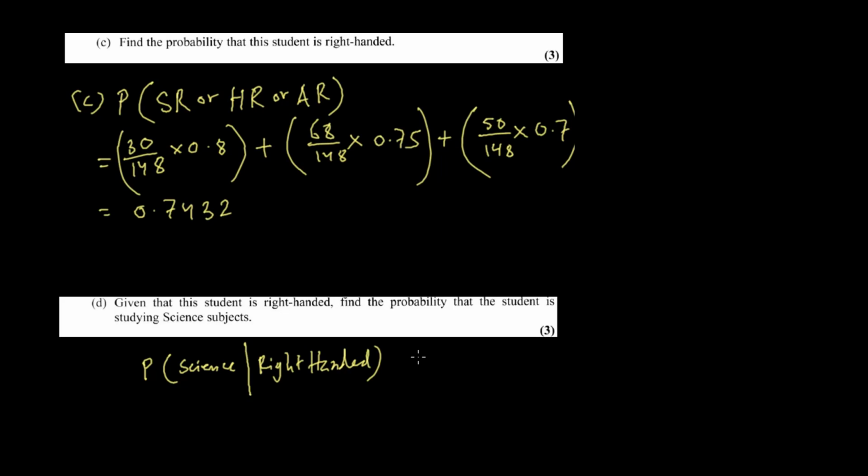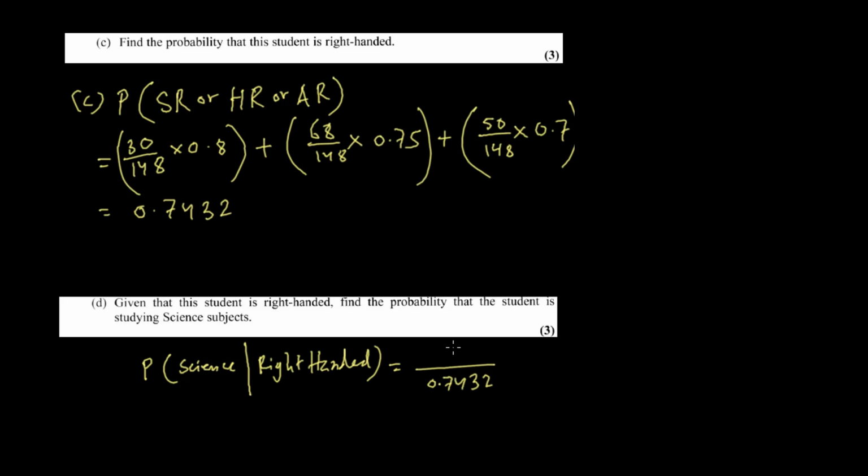Given that this student is right-handed, find the probability that the student is studying a science subject. So what you can do is downstairs you can put the probability of right-handed. In the previous sum, we know the probability of right-handed means science right-handed or humanities right-handed or arts right-handed, and if you add it up together it becomes 0.7432. Put that downstairs.